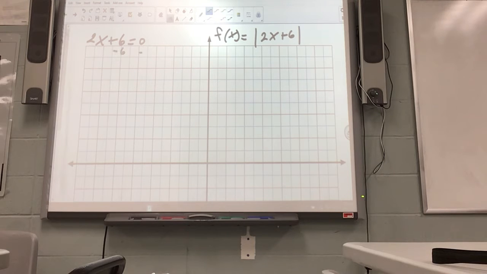Okay. Shouldn't be hard for you to get that solved, right? So when we go to make our input-output table, what we know is that -3 is going to be in about the middle, because that's your vertex. So we want to add some x's on the left side of it.